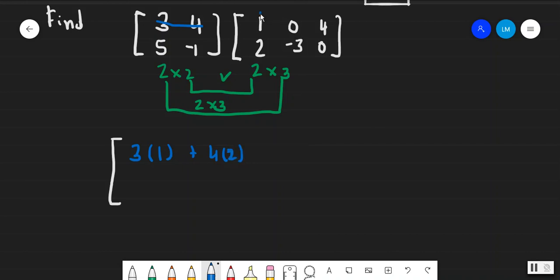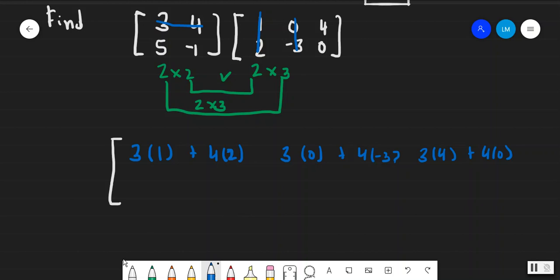Now, that basically took care of the first entry, but then I have to repeat that process again. So I would have 3 times 0 plus 4 times -3. And then I repeat that process again. So I have 3 times 4 plus 4 times 0.